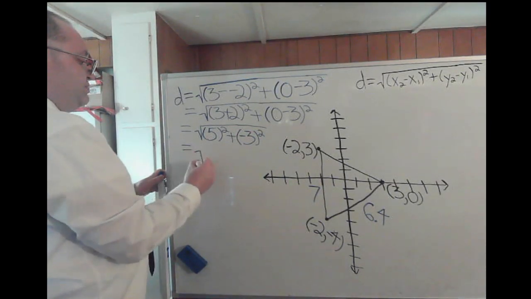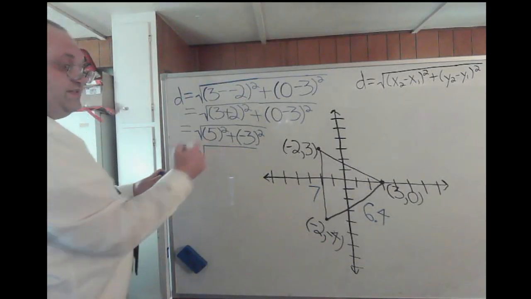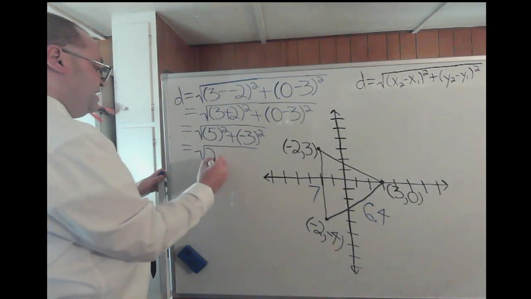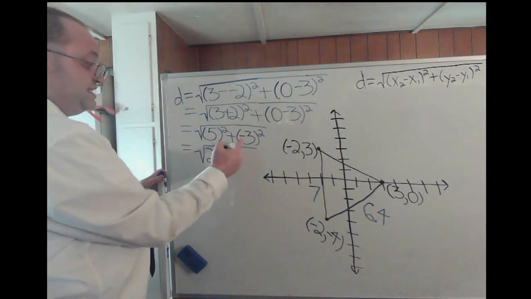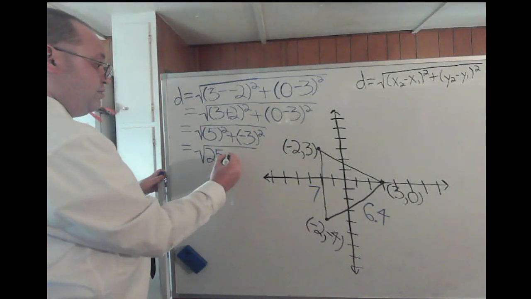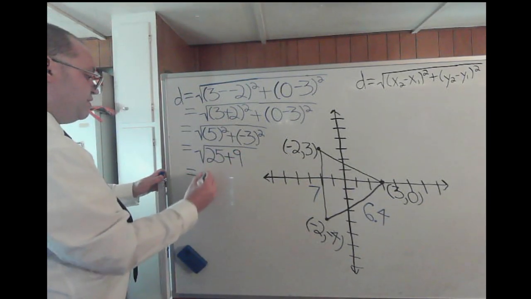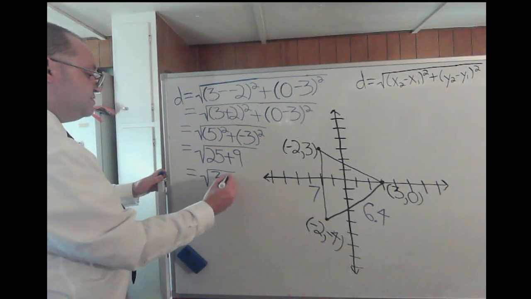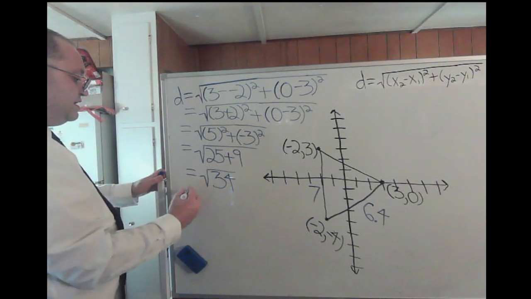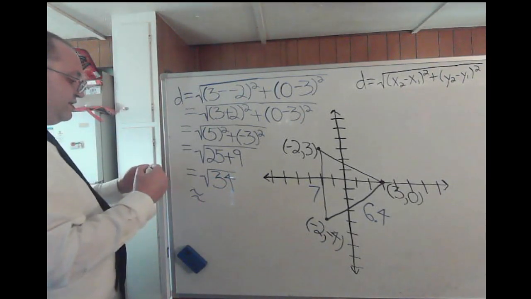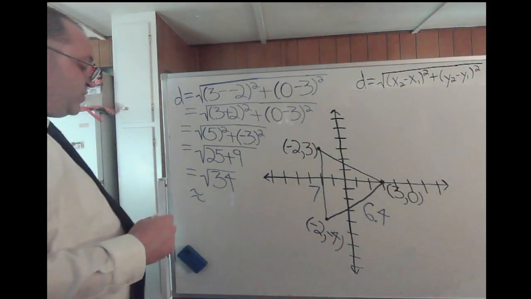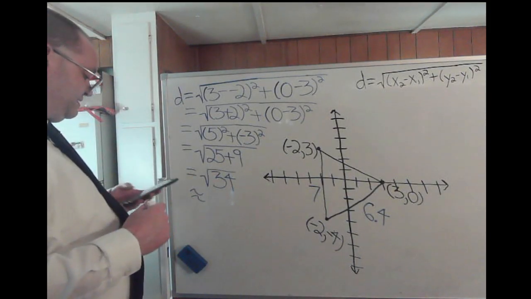So now when we do the exponents under the square root, 5 to the second power, that's 25, plus that negative 3 to the second power, well, that's 9, which would give you the square root of 34, which also is not a perfect square. So again, we're going to round this to the nearest hundredth, or the nearest 2 decimal places.